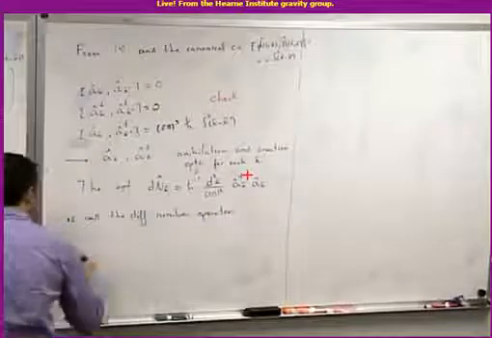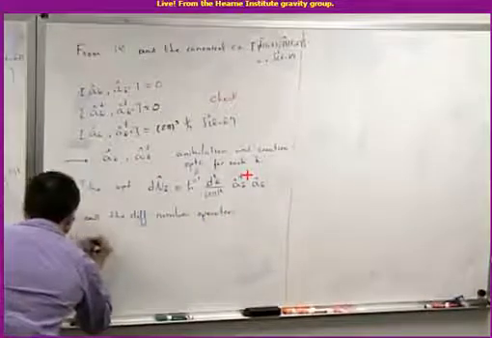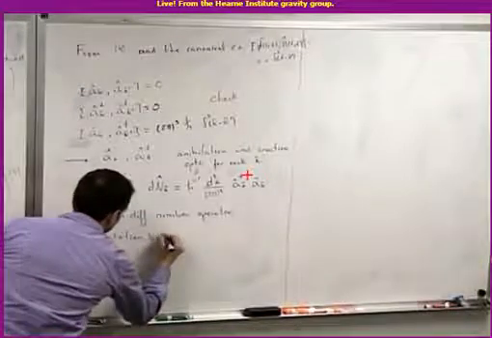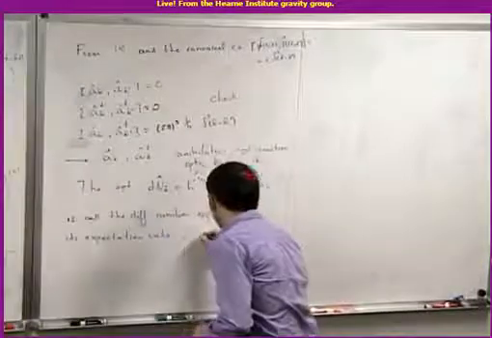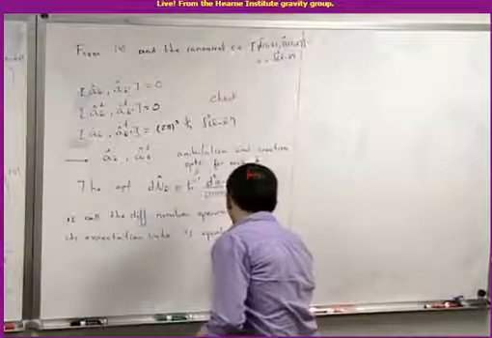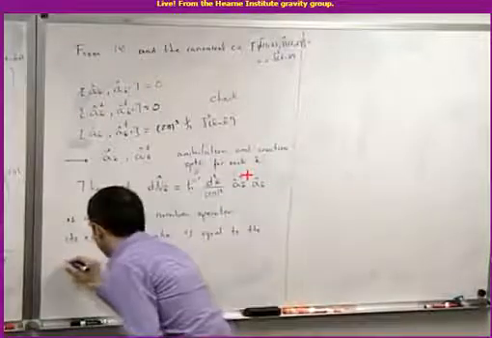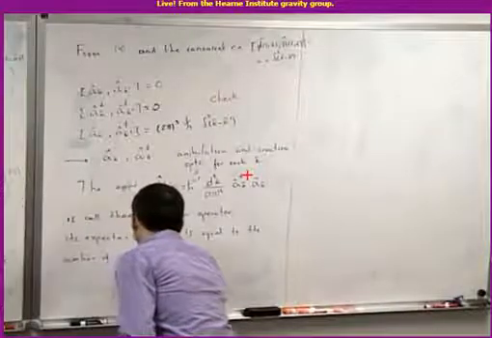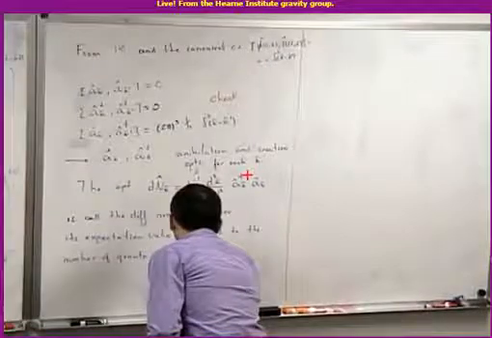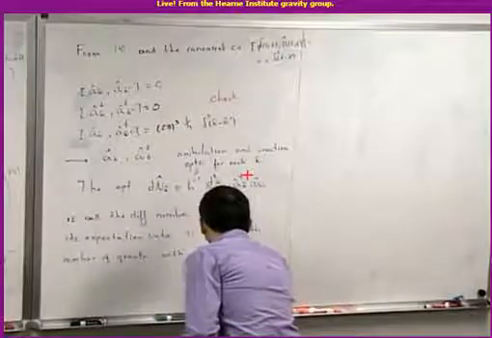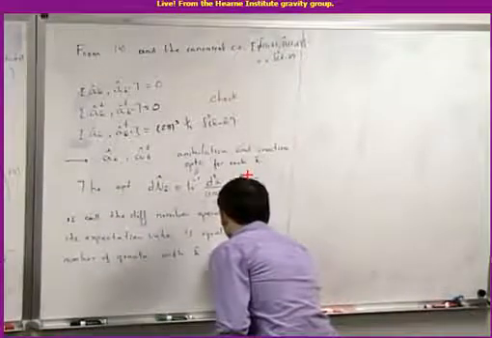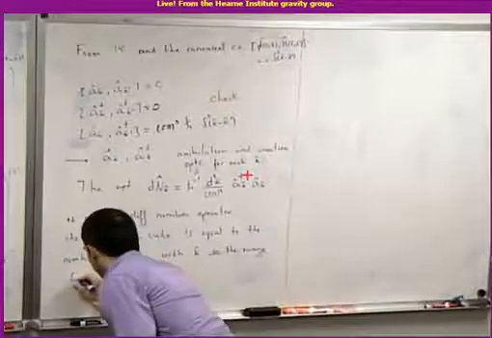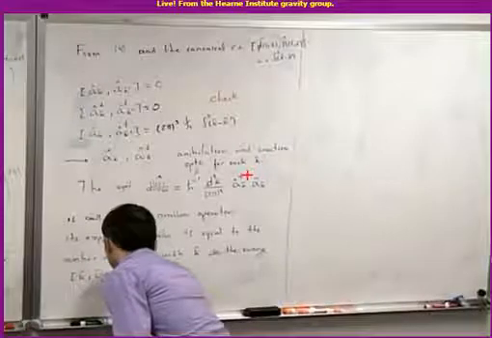Why is it called number operator? Because its expectation value is equal to the number of quanta with wave number k in the range k to k plus d3k.